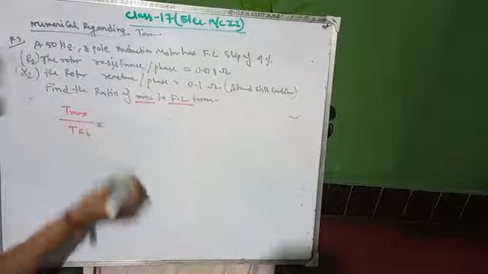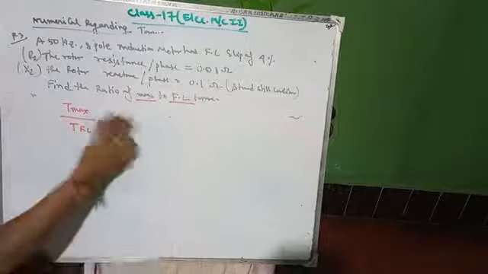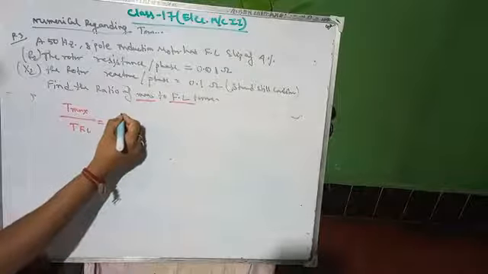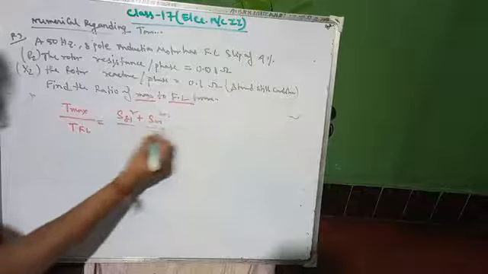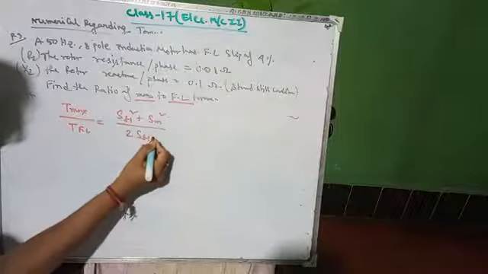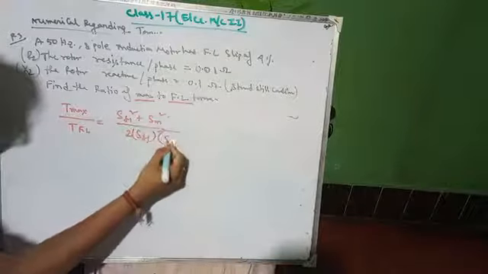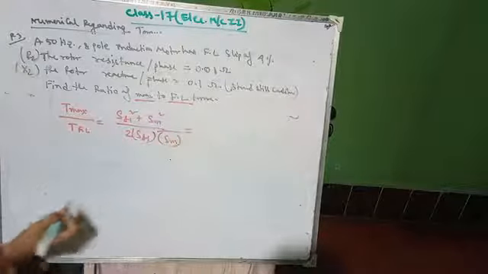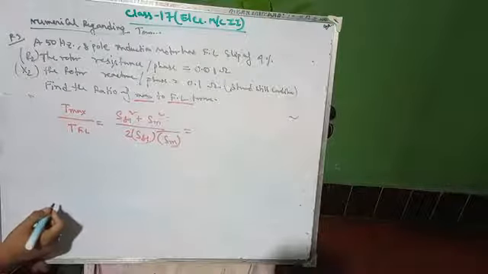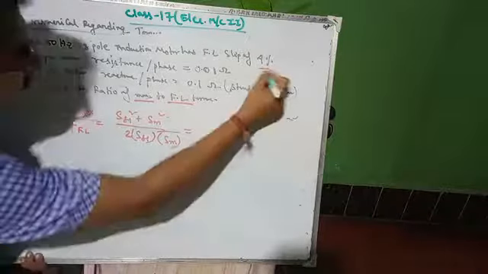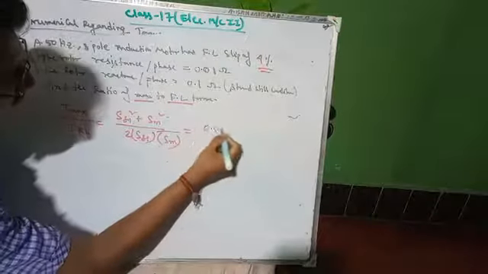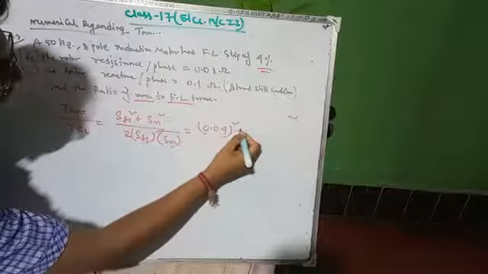So I am directly writing here (S of FL square plus S of M square) by 2 into S of FL into S of M, right? S of FL is the full load slip, which is given directly, 4%. So 0.04, right?